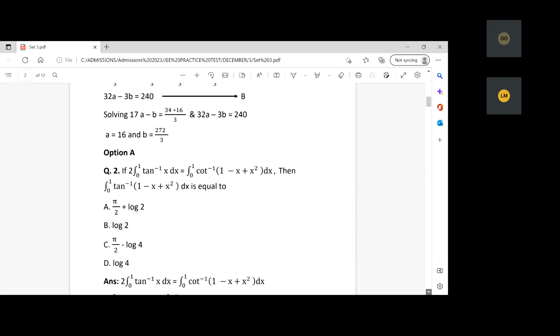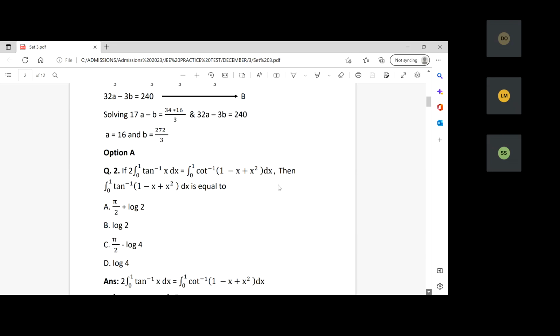These types of questions always come in competitive examinations. If 2 into the integral from 0 to 1 of tan inverse x dx is equal to the integral from 0 to 1 of cot inverse (1 - x + x²) dx, they're asking me to find the integral from 0 to 1 of tan inverse (1 - x + x²) dx.